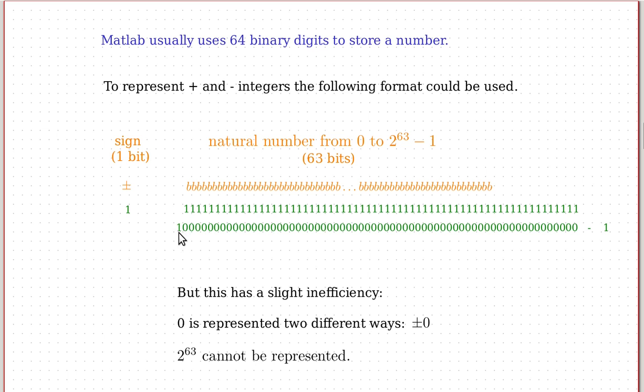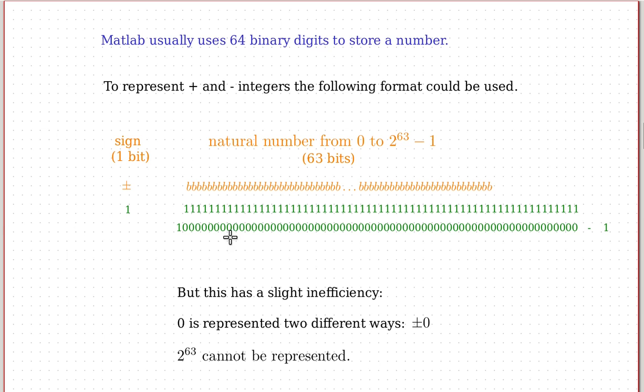This 1 in the 64th position actually represents 2 to the 63rd power, because remember, we start counting at 0 down here. So this number, 63 ones here, actually represents 2^63 minus 1. Right, so the largest number you'd be able to represent using this scheme would be 2^63 minus 1, and then of course you can also represent negative (2^63 minus 1), just change the sign bit to a 0.